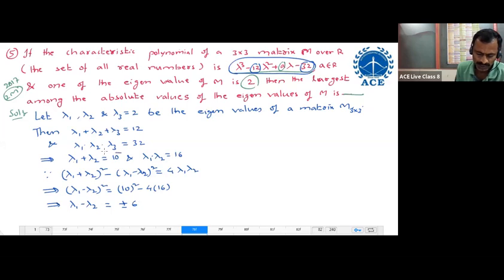So we solve lambda 1 plus lambda 2 equal to 10 and lambda 1 minus lambda 2 equal to 6. Here we can take any one, lambda 1 minus lambda 2 equal to plus 6 or minus 6. Any one we can choose.